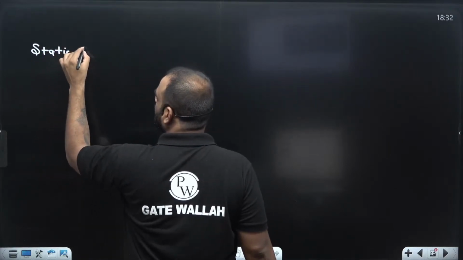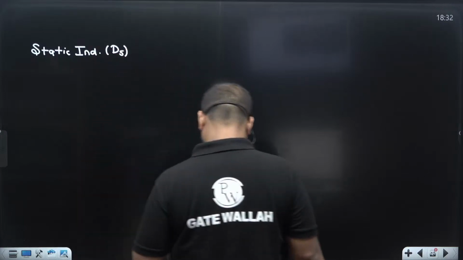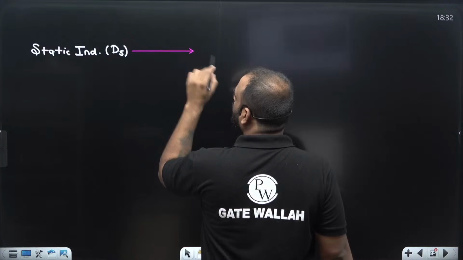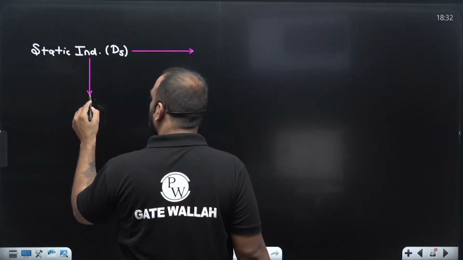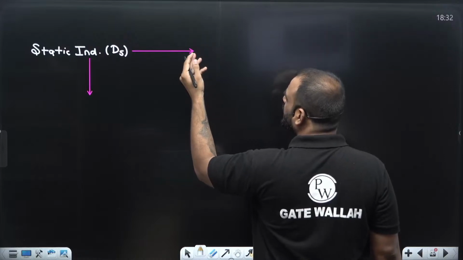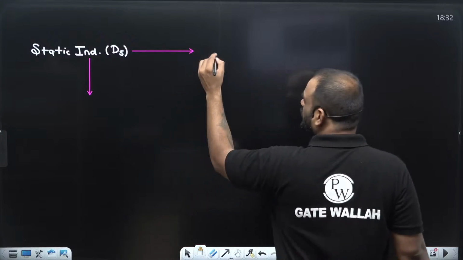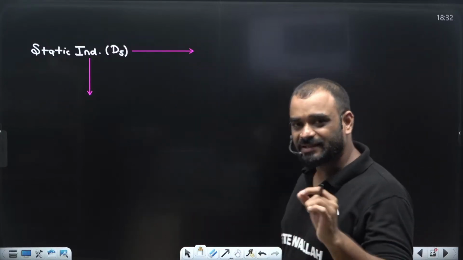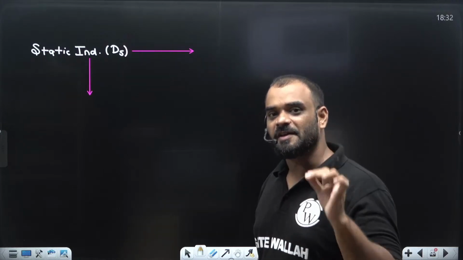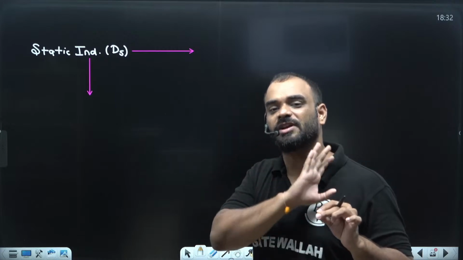So static indeterminacy, which is DS, can be related to the external reaction and it can be related to the internal reaction. If it is related to the external reaction, we consider it external static indeterminacy, that means the total number of unknown external support reactions in a structure.